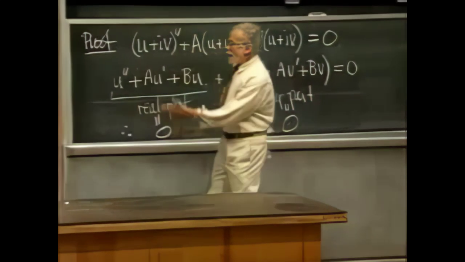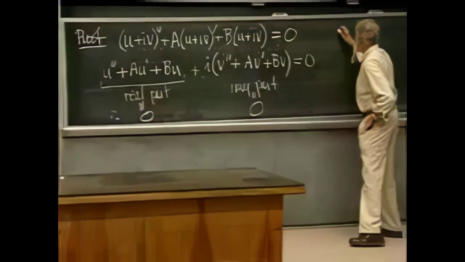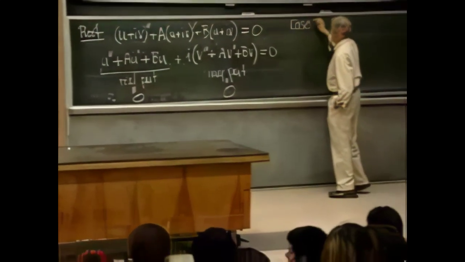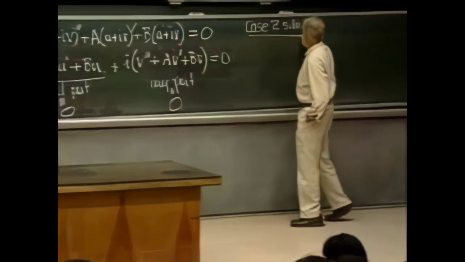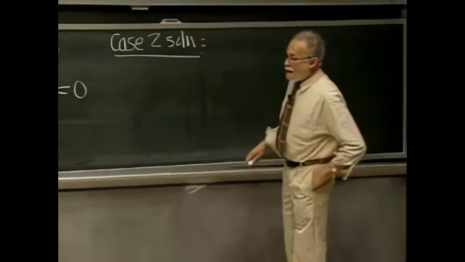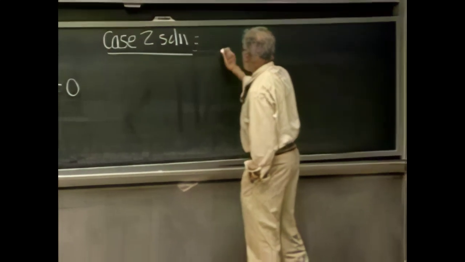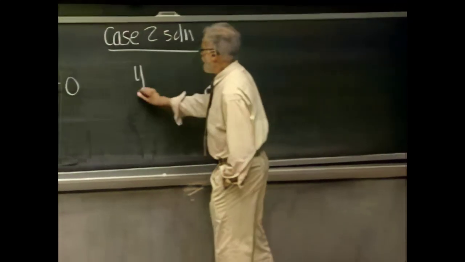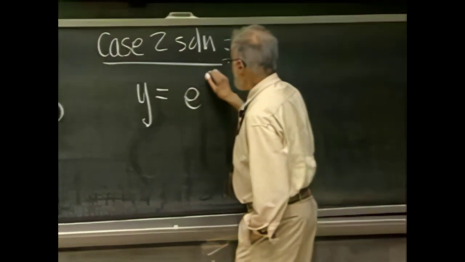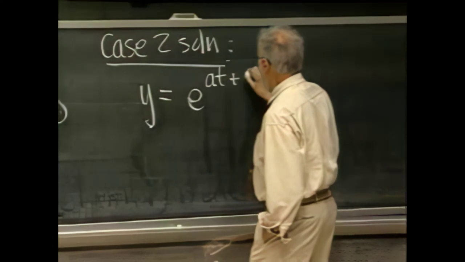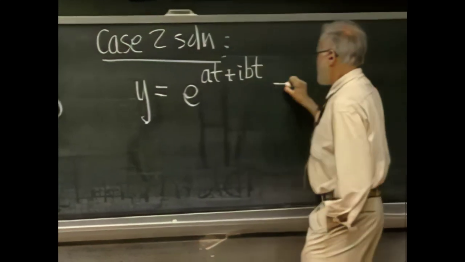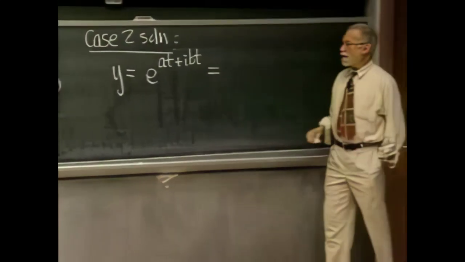Well, so how do I solve it? What is the case 2 solution? What are the real and imaginary parts of e to the a plus ib, times t? Well, y equals e to the (a plus ib)t. You've had experience, you know how to do this now.